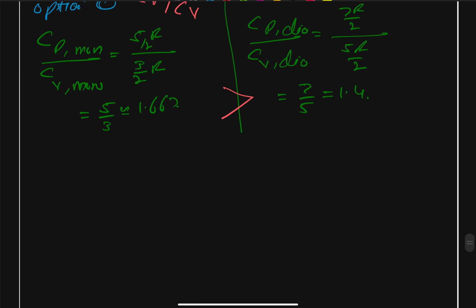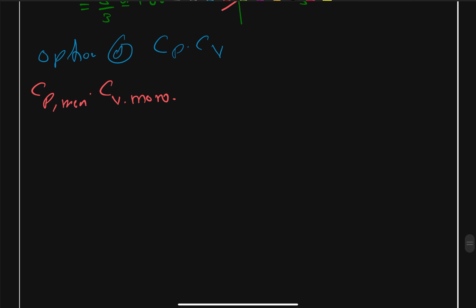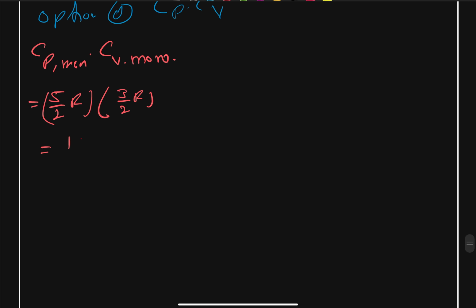Now we come to option D. We have their product, Cp and Cv. So Cp for mono times Cv of mono will be equal to 5/2 R times 3/2 R, giving us 15/4 R squared.